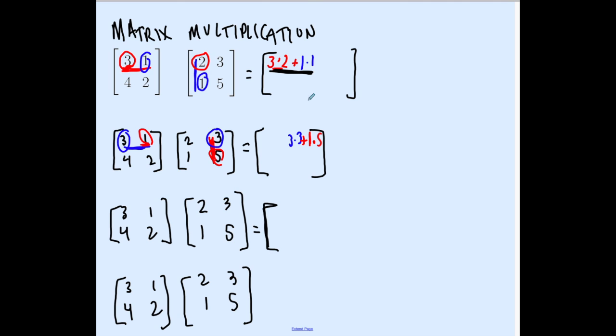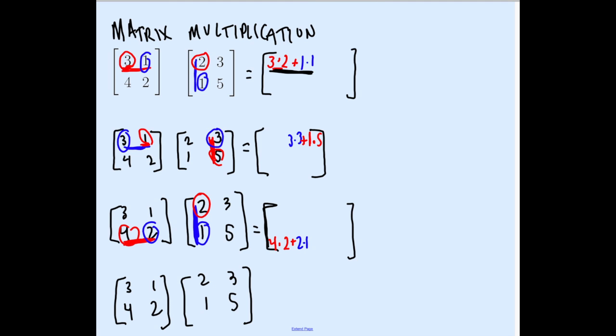The next part, I'll be doing this row times this column, and in the new matrix I'll be in the bottom left. So it will be 4 times 2 plus 2 times 1 plus 2 times 1.